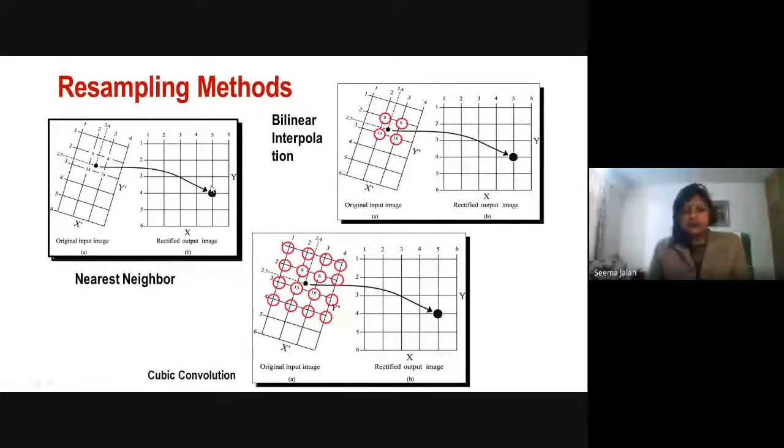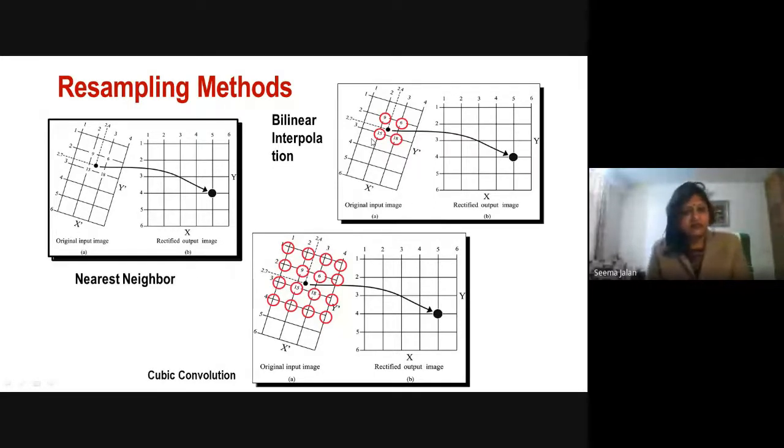At times this will not serve your purpose, as you will not have a smooth output. So for most cases, bilinear interpolation is a better method, where you get the weighted average of all the 4 surrounding pixels.